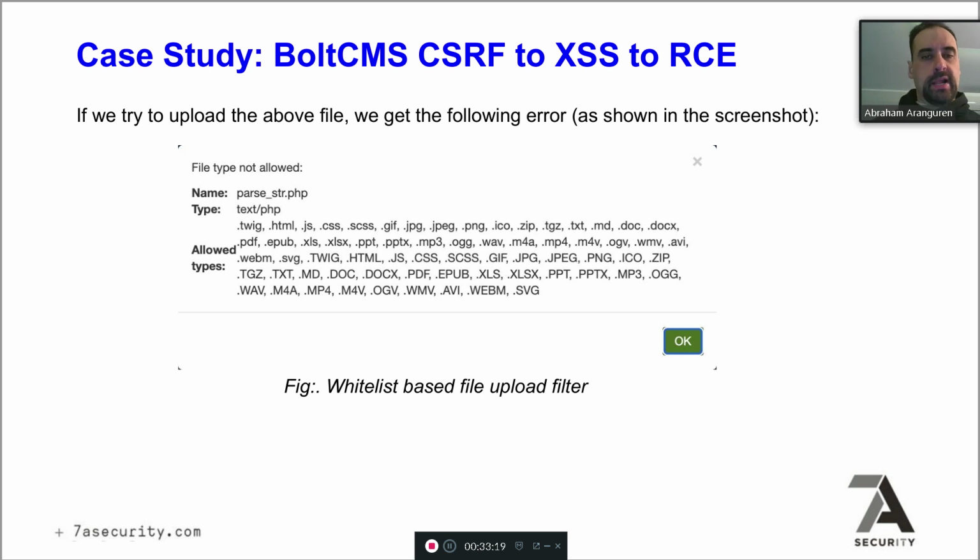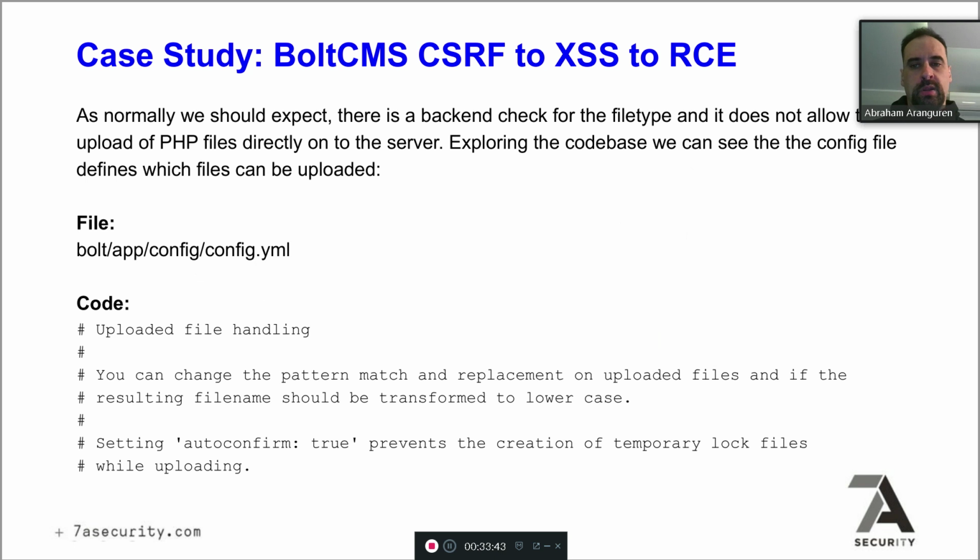Now, in the allowed file types, you will see some scary ones, right? So, for example, you can upload .html. This means basically that you can upload any HTML you want, which means you have persistent XSS, right? Because you can upload an HTML file that contains any XSS that you want. So that is what we are going to leverage here.